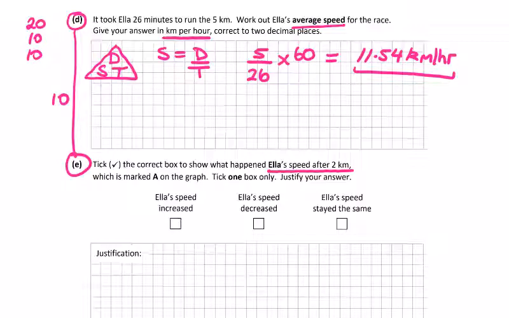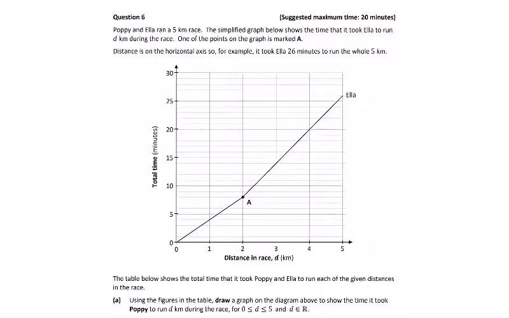So let's go back and just double check Ella's speed after 2 kilometers. So let's approximate. In the first kilometer, it's 4. Then we had the graph, I'll just write them in here, 4, 5, 6, 7, 8. Then between 2 and 3, she's gone up to 14.